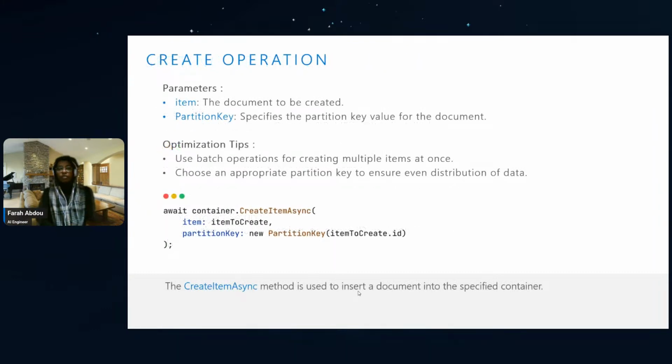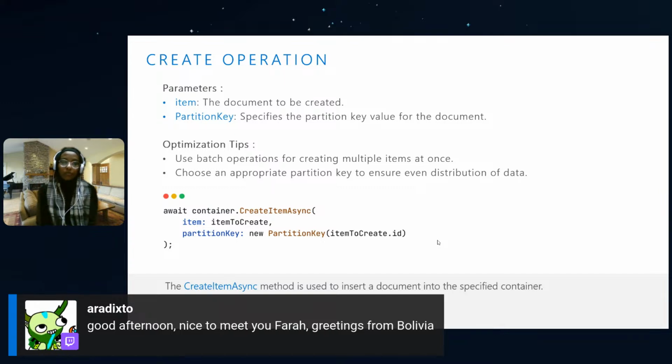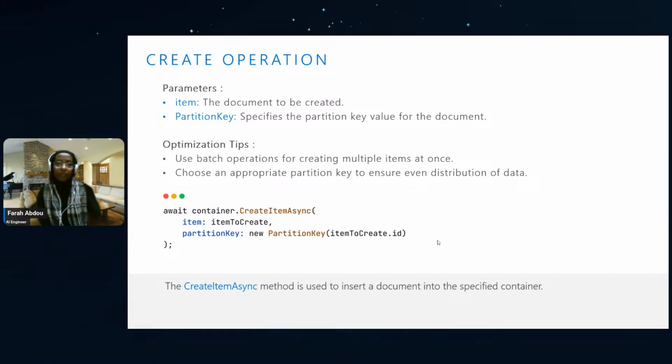Starting with the create operation. I have a snippet of code here that is fairly general, so you can use it in your own code. Here I have CreateItemAsync, which is what we use for the create operation. It has parameters like the item and the partition key. The item is the document to be created, and the partition key specifies the partition key value for this document.